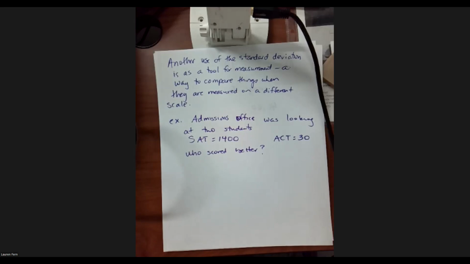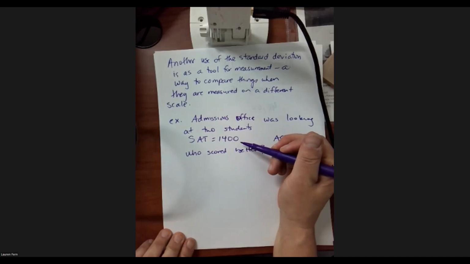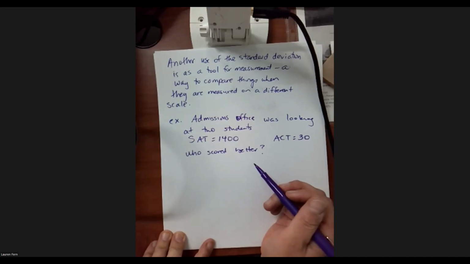Okay, so suppose you have one person coming in with a good score on an SAT, and you have another person who's applying to come in who also has a good score, but it's on their ACT. How do you compare these two?